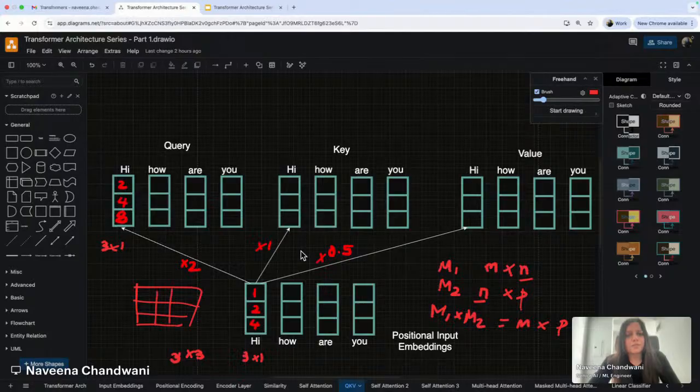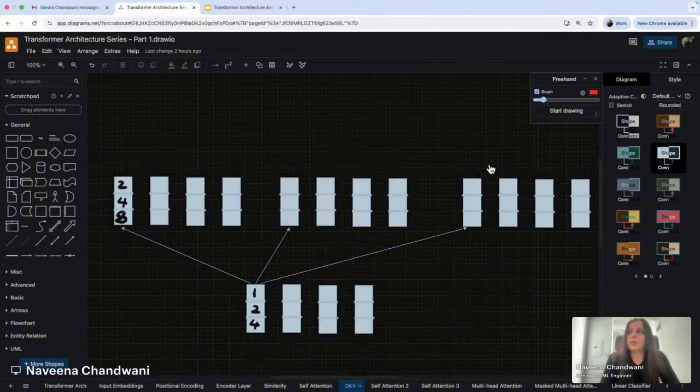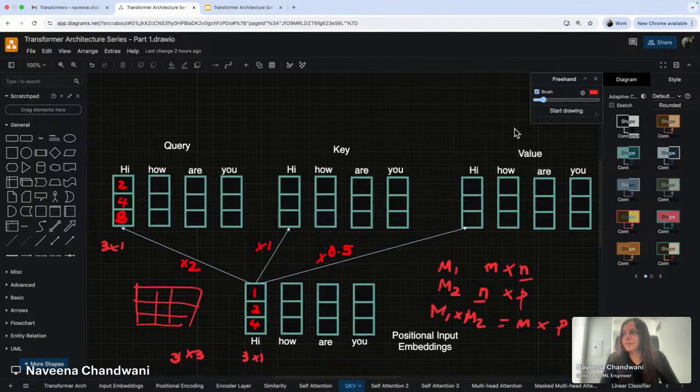And they will be matched. So there will be similarity algorithms or scores that will be generated. And that is how, when I query on Google, I get my top retrieved ranked results. So there you have a query and a document embedding. Here we are talking about query and key, and then an associated value embedding.